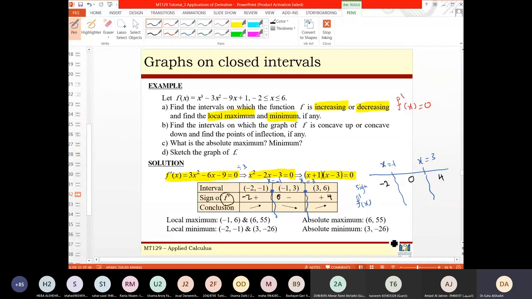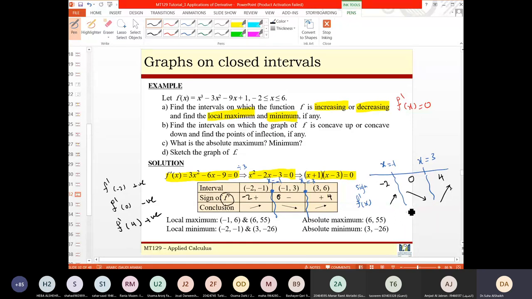I'm going to choose 4. We find f dash at minus 2, you will get it's positive. We find f dash at 0, you will get it's negative. Find f dash at 4, you will get it's positive. So increasing, decreasing, and increasing again.